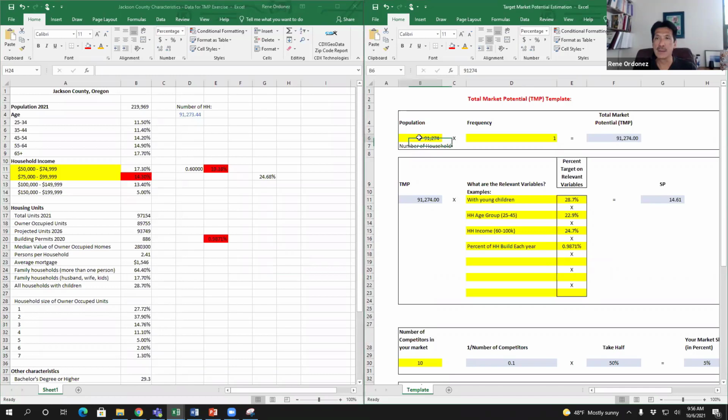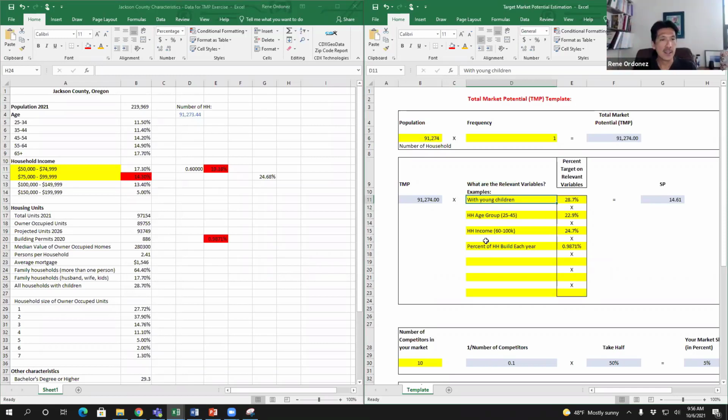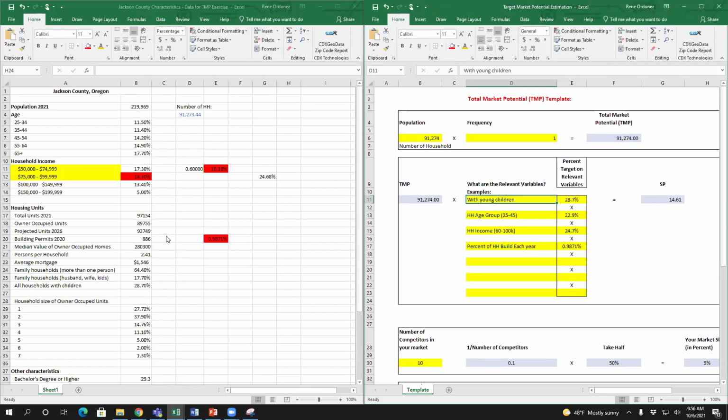This one here? Or which one? Oh, the percent. So instead of with young children, change it to 64.4% of family households with more than one person. Which number were you picking, that 64.4? It's in cell B24. Oh, B24, thank you.